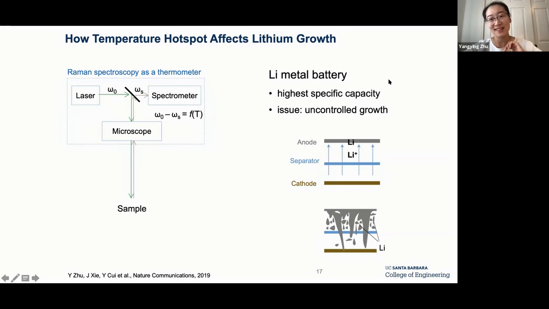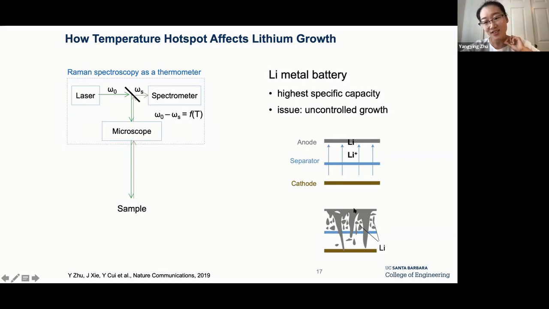However, this has not been commercialized because lithium metal has really uncontrolled growth. Ideally, when we are charging our battery, we want lithium ions to move from the cathode to the anode and deposit on the anode.